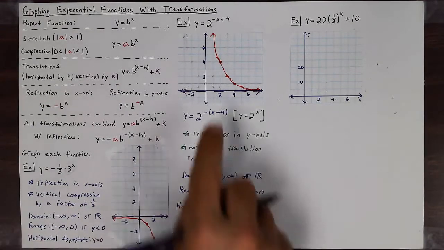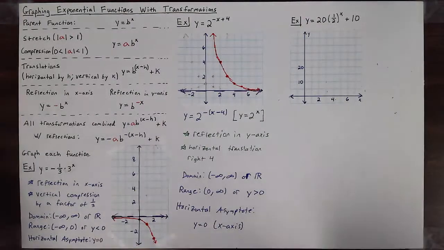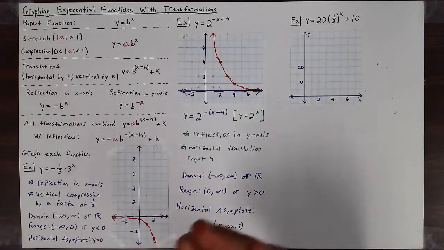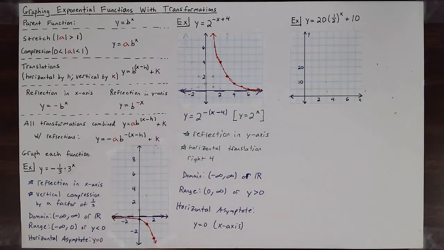So in this case, even with all the transformations, the domain, range, and horizontal asymptote still stayed the same as the general parent function of this graph, which is like y equals 2 to the x.